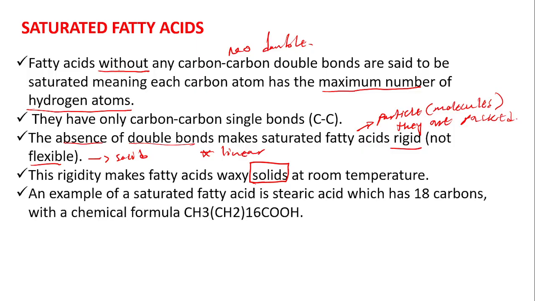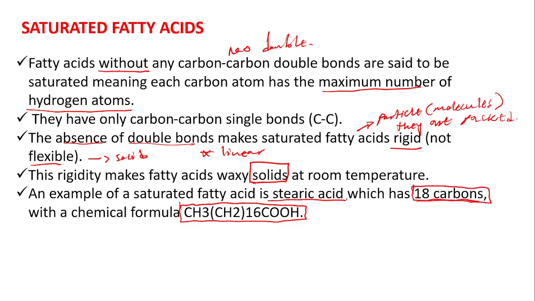Then an example of a fat acid which you will be asked in the exam is stearic acid, and this stearic acid has just 18 carbons, and the chemical formula is simply this one. So please make sure that you know the chemical formula of stearic acid, and also the number of carbons which stearic acid has.